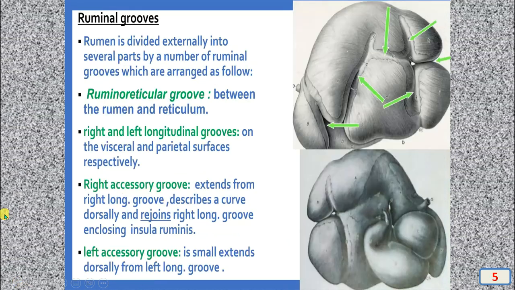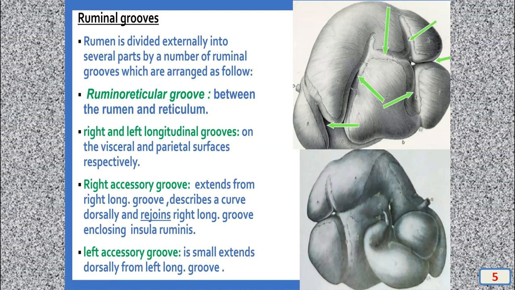So this makes the rumen, which is divided externally into several parts by a number of ruminal grooves, arranged as follows. Here in between the compartments, you can see several types of grooves, and the ruminoreticular groove is a groove between the rumen and the reticulum.